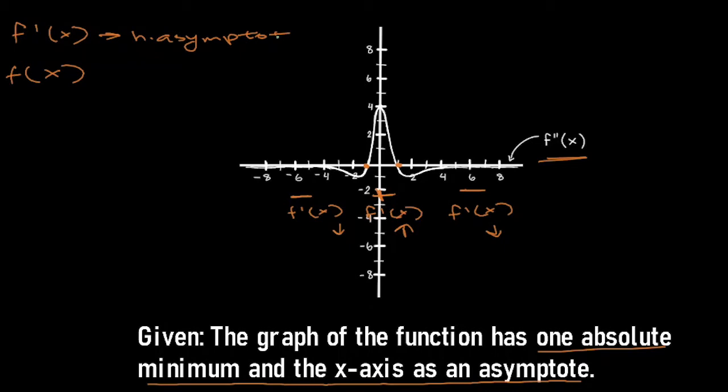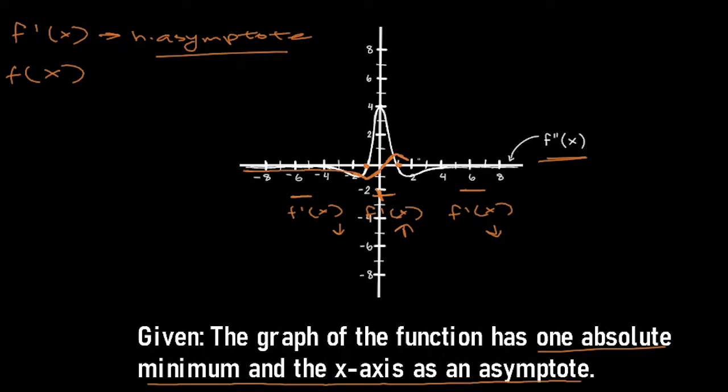So the graph of f prime of x will look like this, and then it will decrease to this point where f double prime crosses the x-axis, and then increase to the second point, and then decrease again.